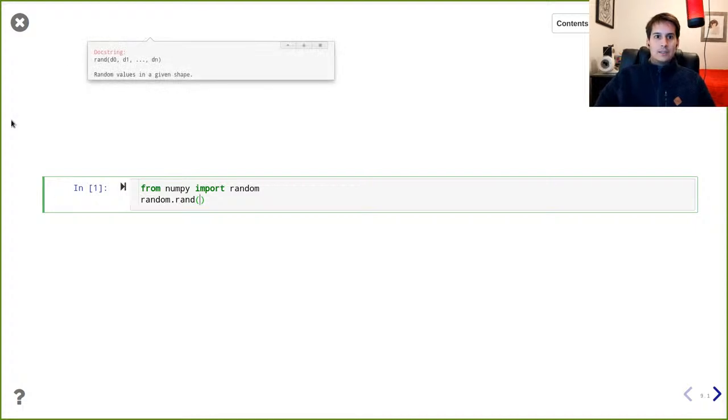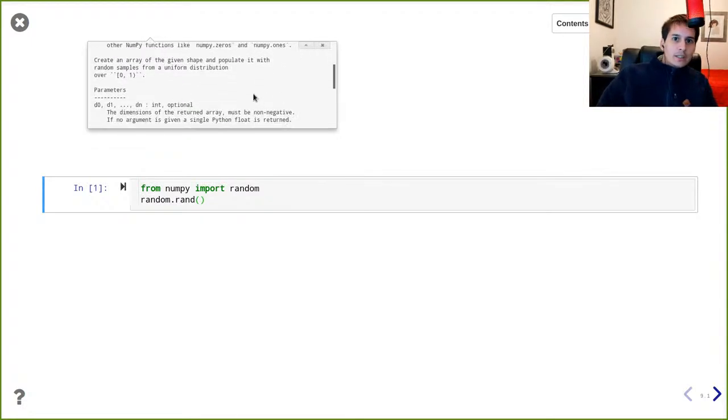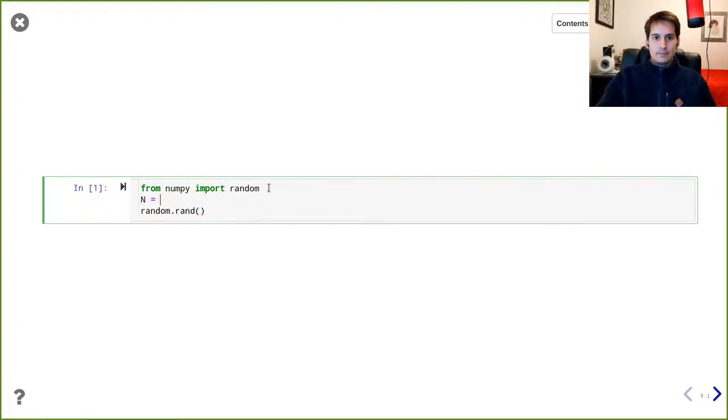And you can see here, number of random values. This gives a random value, and it's a random value between 0 and 1, so uniformly distributed. Yep, perfect. And in the shape that is the number that we want.